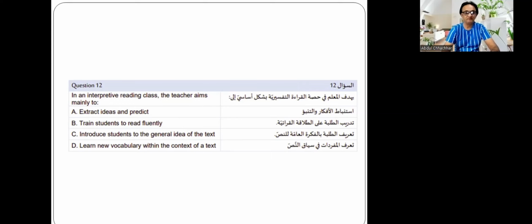We can rule out vocabulary, so C and D are removed. Reading can be for training students to read fluently, but the question is about interpretive reading skill, interpretation. When we are interpreting, we are predicting and extracting the idea. So A is the correct answer.